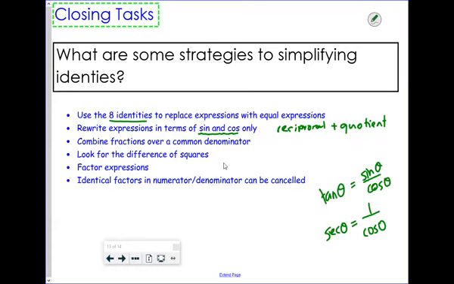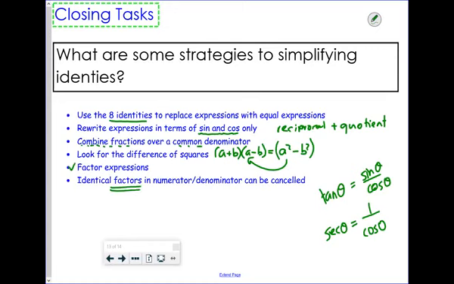If you've got 2 separate fractions, you can combine them over a common denominator. Look for difference of squares. Look for a plus b times a minus b, and you could replace that with a squared minus b squared. Or if you need to factor, you can go the other way. If you notice you've got this, you can turn it into that. Okay, so that was factoring. Identical factors in numerator and denominator can be cancelled.